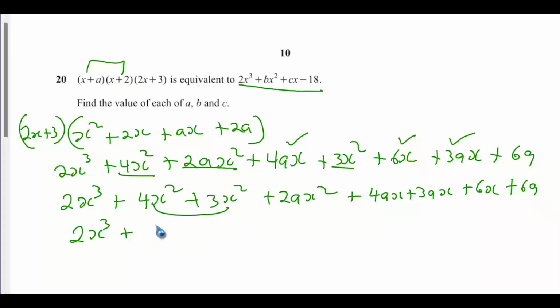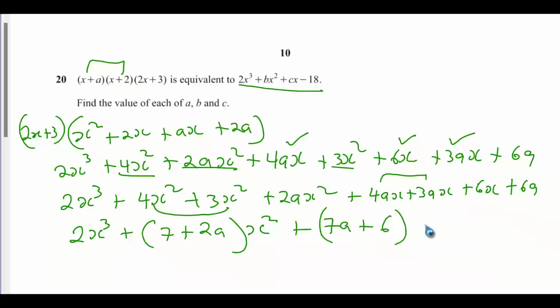So we can have in bracket 7 plus 2a, everything in bracket times x squared. Plus we can do the same thing here. This will give us 7ax, so we can factor out x. So you have 7a plus 6, everything into x, then plus 6a.